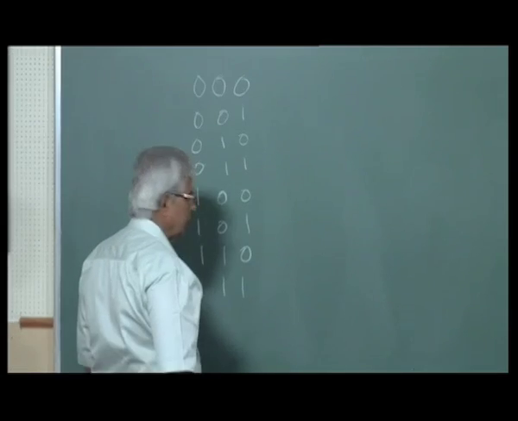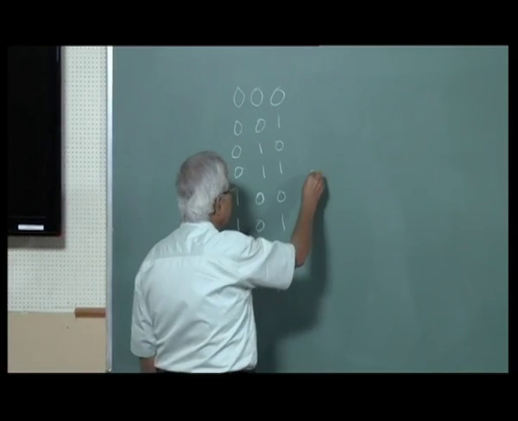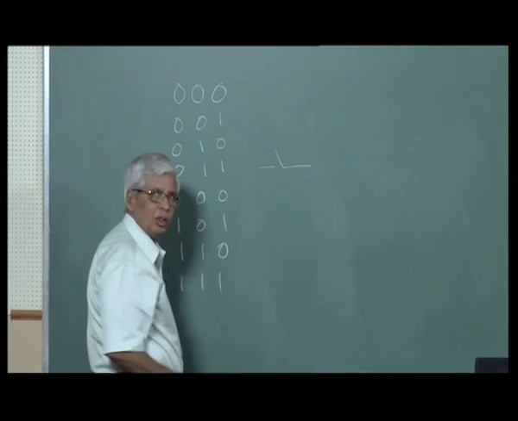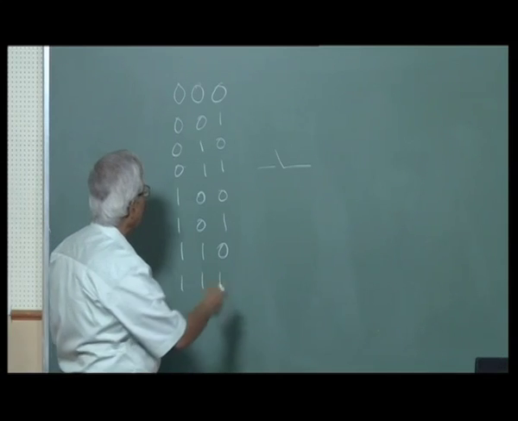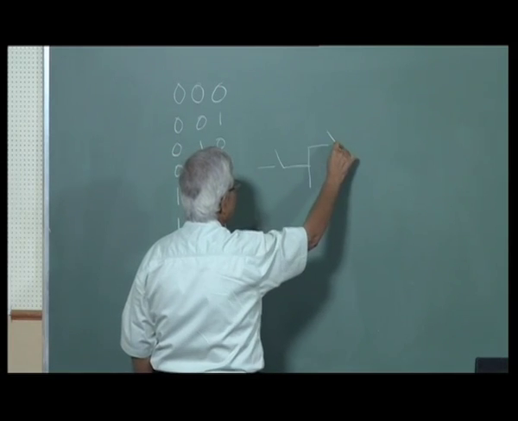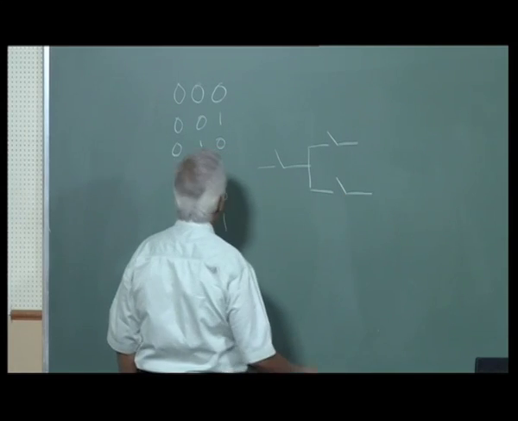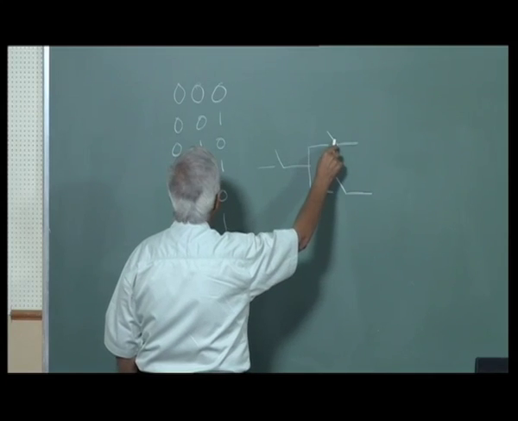Now there will be a switch, which will be on or off to say that this level is 0 or 1. But when this goes to the next level, there will be 2 switches, because it's 0 0 or 0 1. This will be open.